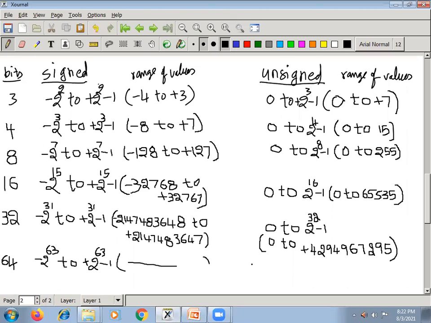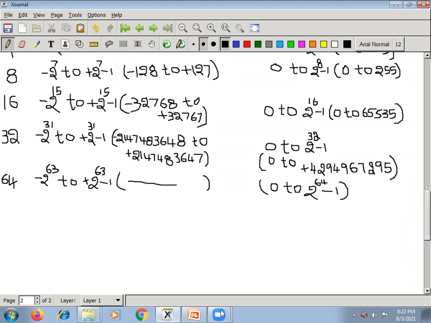For unsigned also it is 0 to 2 power of 64 minus 1. If someone can give the values, I can write here; otherwise you complete these ranges.